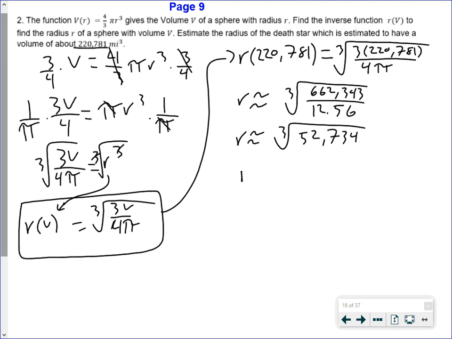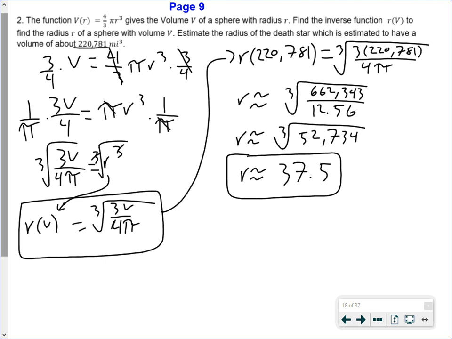And now the cube root of 52,734 is approximately 37.5. Like I said, we're approximating a lot of this problem since we can't write out the whole number of pi and we can't get the exact cube root of such big numbers. We're not going to get a whole number. So we're getting approximately 37.5 for the radius of the Death Star when it has a volume of 220,781.